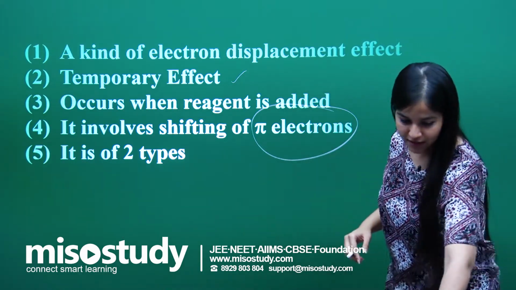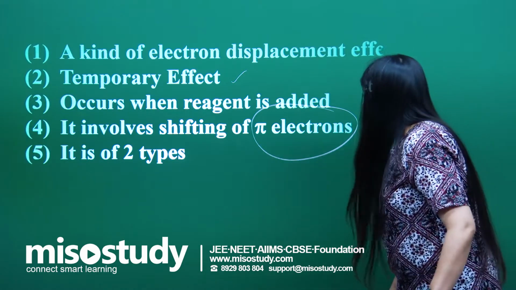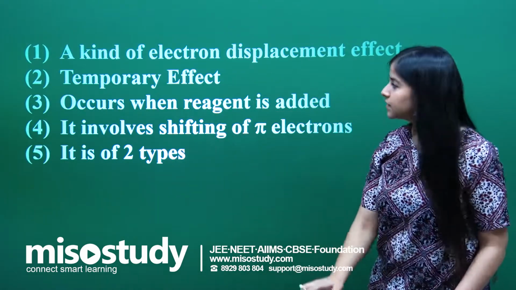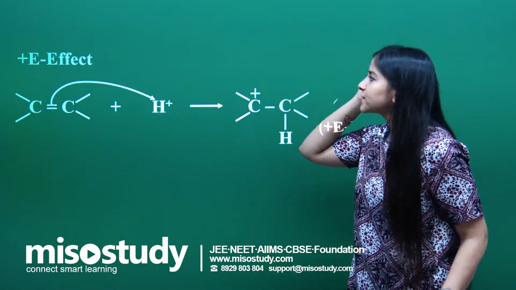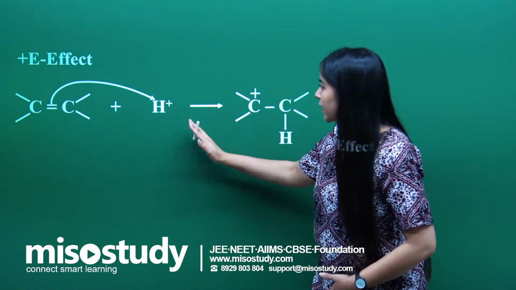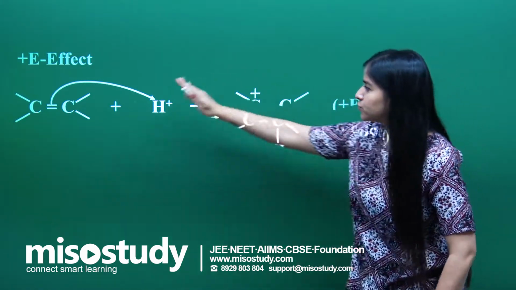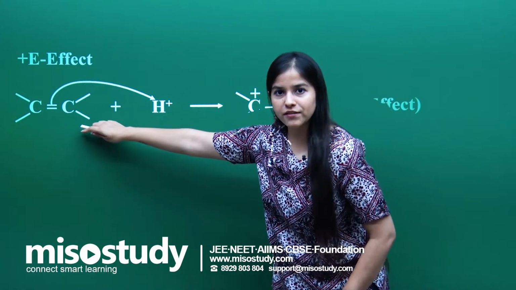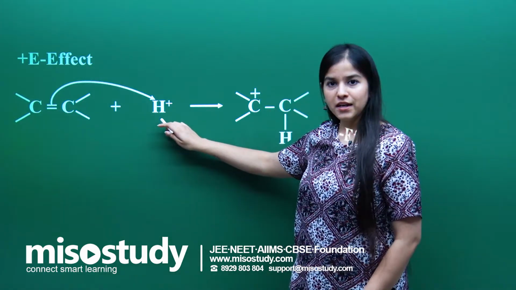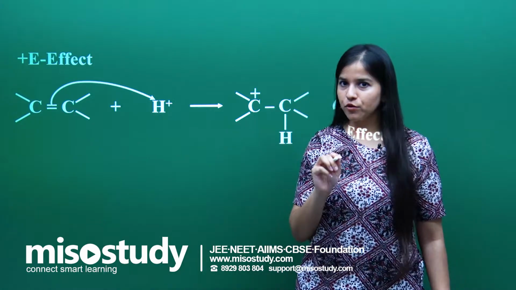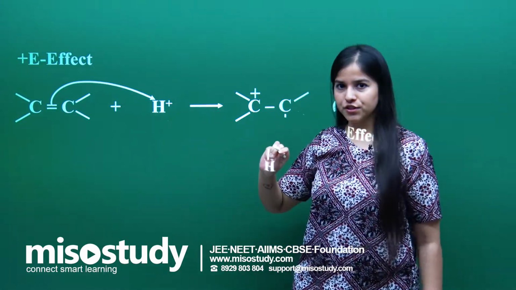Let us discuss. The first one is the plus E effect. See here, can you observe this reaction? There is a shifting of the pi bond in that alkene, and H positive, being the reagent, attacks that pi bond because it is electron deficient.